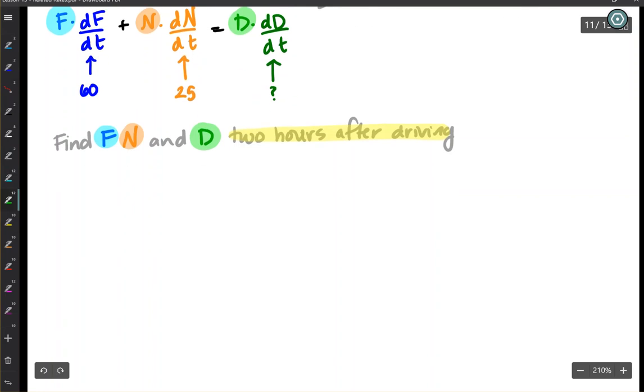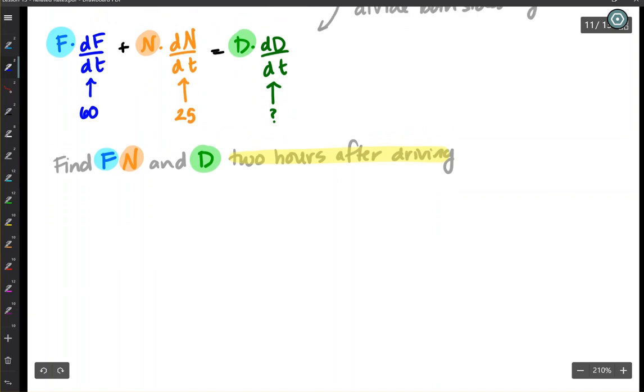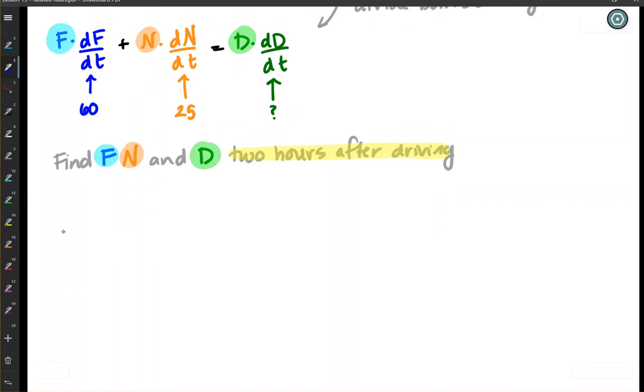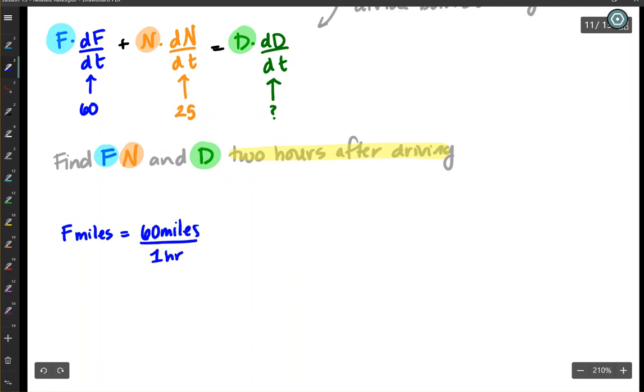Okay, well, F, the distance that Francisco has traveled, F miles, distance is equal to your rate. He's traveling 60 miles for every 1 hour, times time after 2 hours.